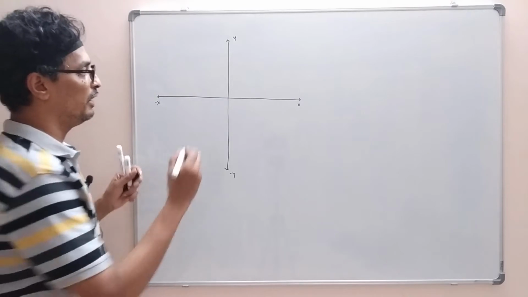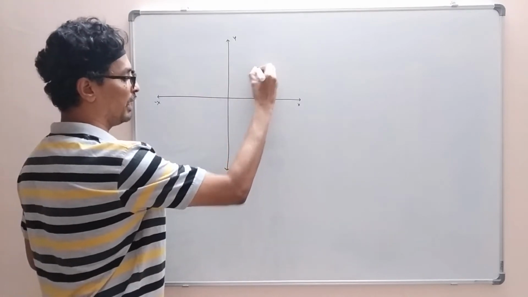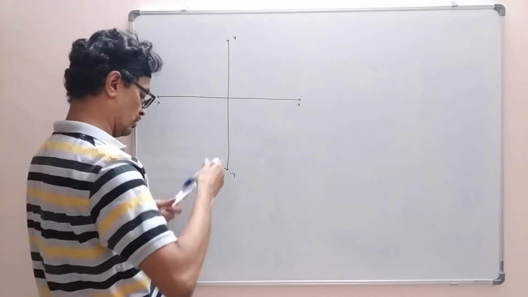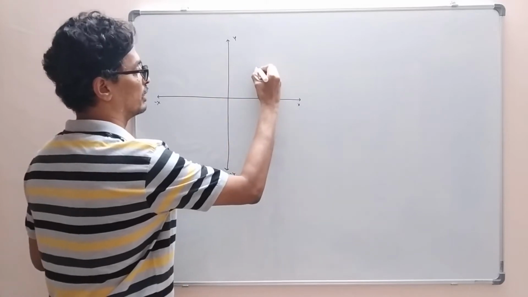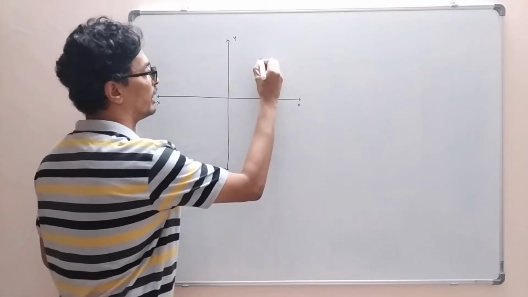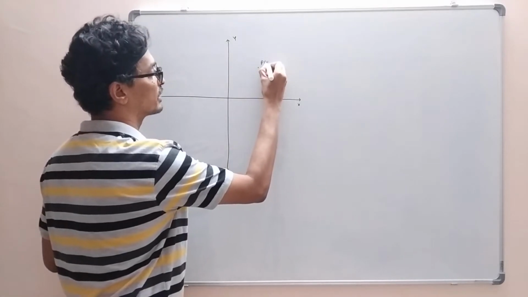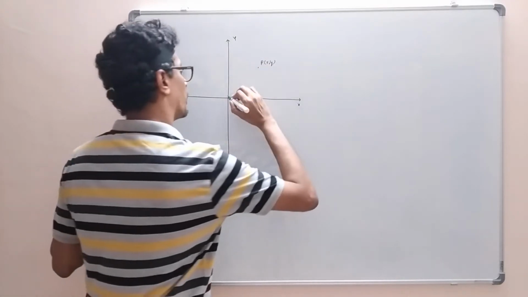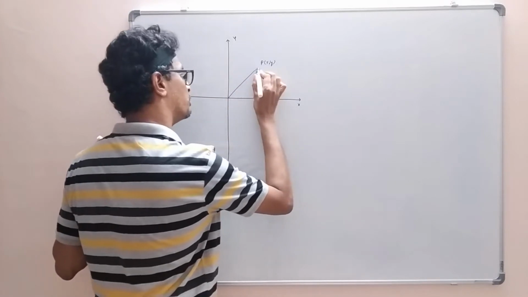So for any point, I take any point on this coordinate system, and let that point be P (x, y), and let this distance be r.